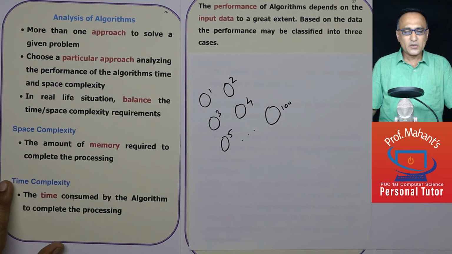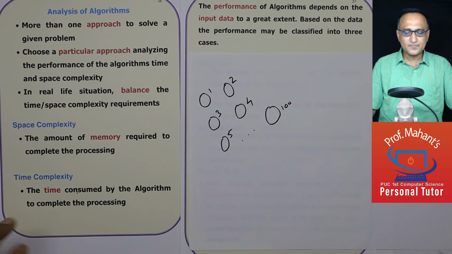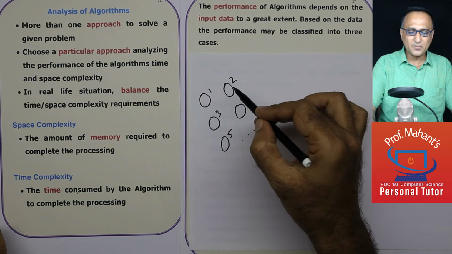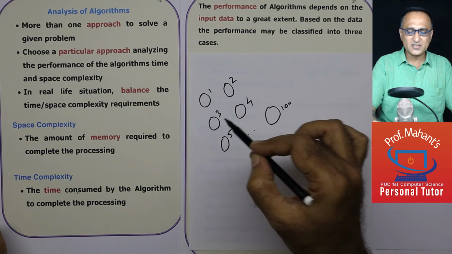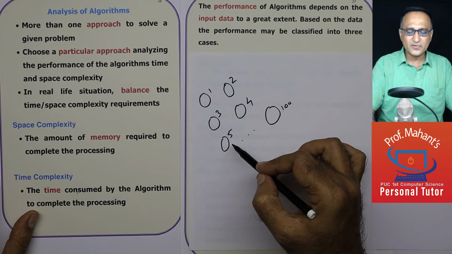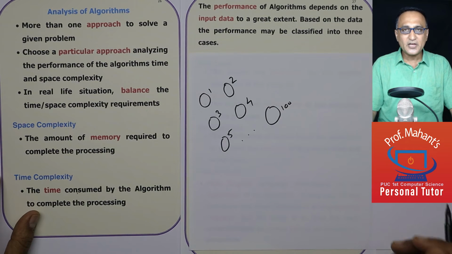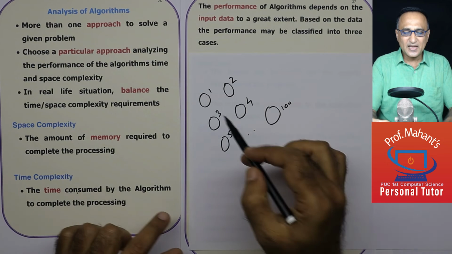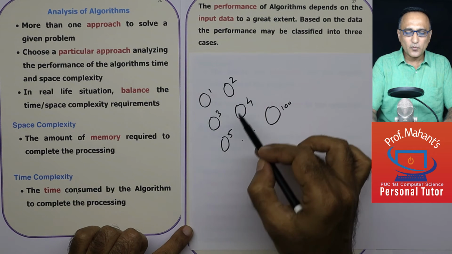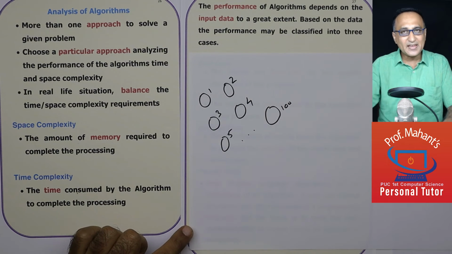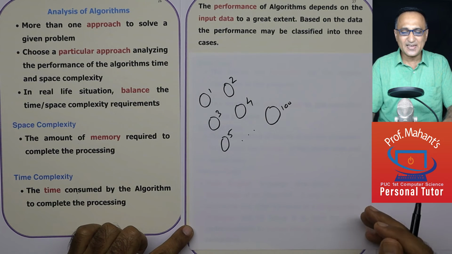Let's say box 1 contains 1, box 2 contains 2, box 3 contains 3, and so on, box 100 contains 100. So if I have to search for 56, I have to keep checking the values in each box, and I can go and find in the 56th box that my number 56 exists.